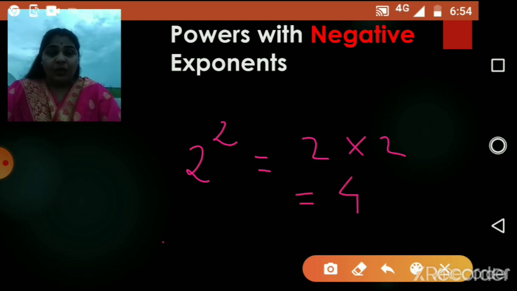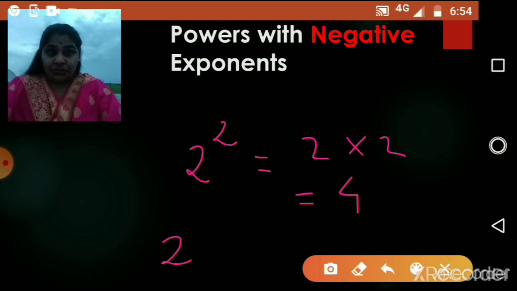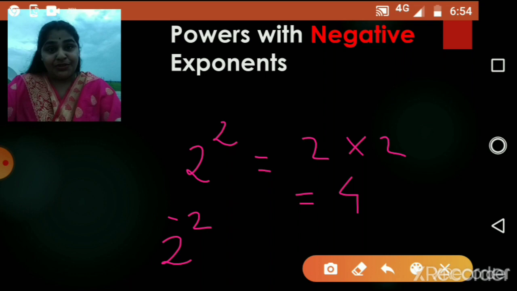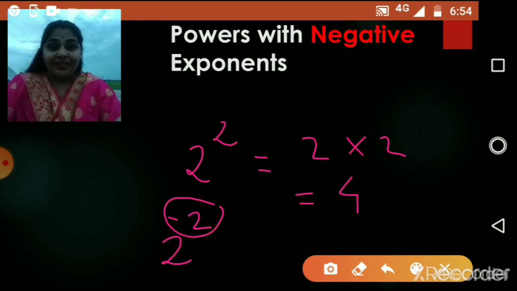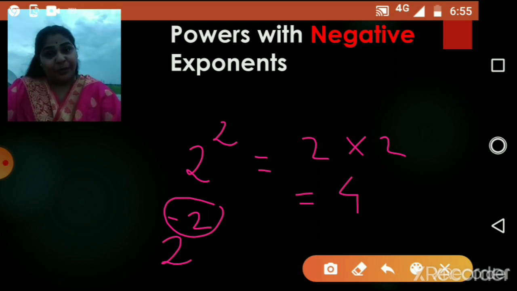But what if I write 2 raised to negative 2? What if the exponent here is negative? How to solve that? So this is our next topic, how to solve the powers with negative exponents.